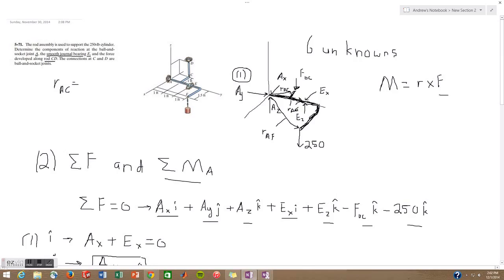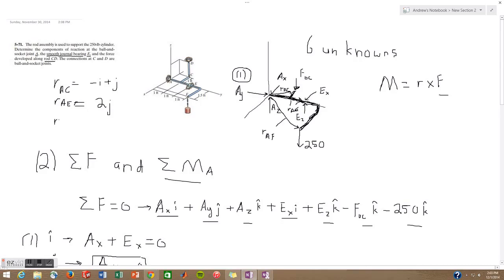For the RAC, looking at this diagram, it's 1 foot in the Y direction and negative 1 foot in the I direction, or the X. So it's going to be negative I plus J. For the RAE, it's only 2 feet in the Y direction, so it's only going to be 2J.